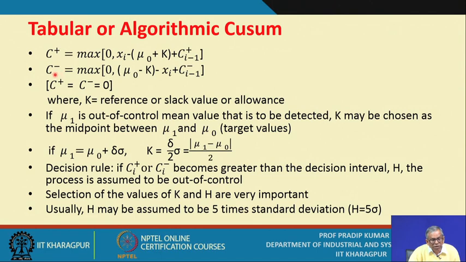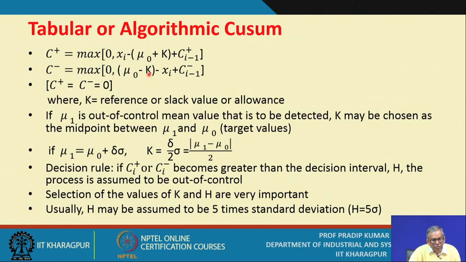And similarly the negative deviation, C minus i, is related to the previous one, C minus i minus 1. If it is negative, for some reason, obviously it is made 0.